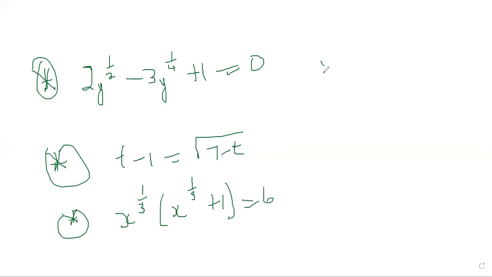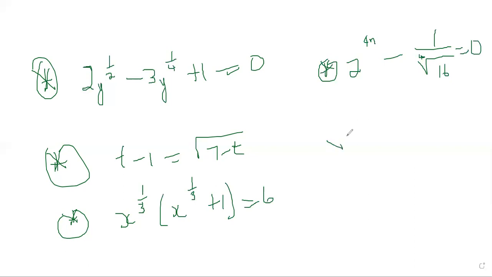And then the fourth one that I want you to do for me is 2 to the power of 4n minus 1 all over the fourth root of 16. And that should be equal to 0.